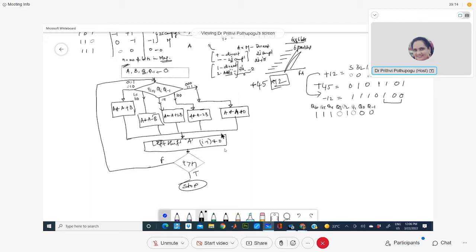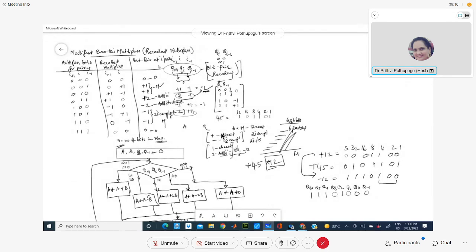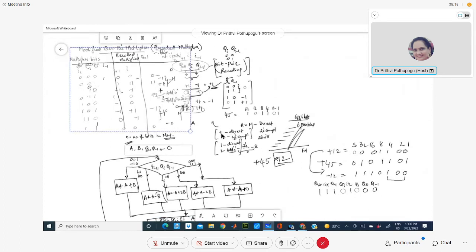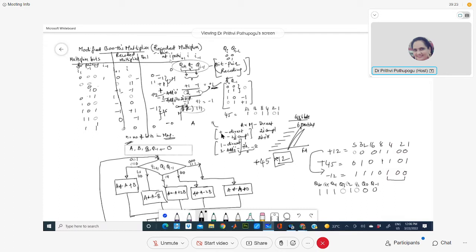See here, the ith position we are saying. So this ith position means where it will be. This will be the ith position now. Qi minus 1 plus 1: at this position we'll get a value.